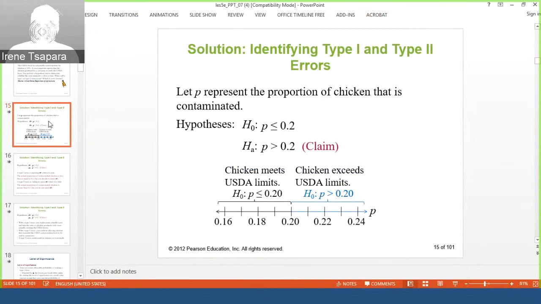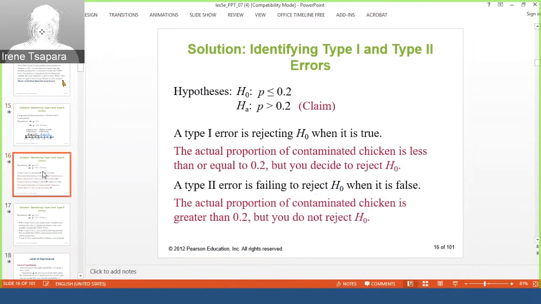Now, if we run a test on that, we have the hypothesis, we have our claim, and we can see right here that the type 1 error is when we reject the HO when it is true. What is the HO? The HO will be that the actual proportion is less or equal than 0.2.